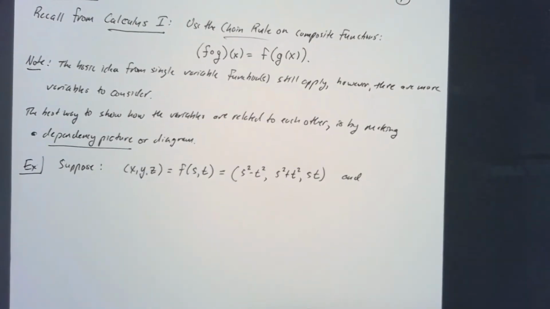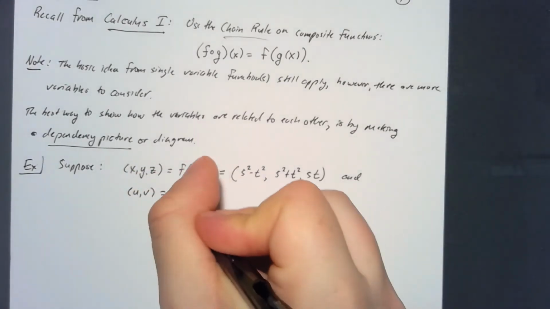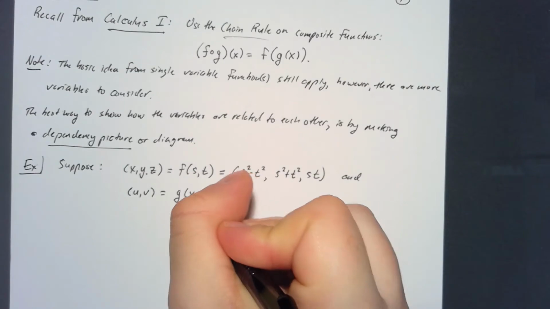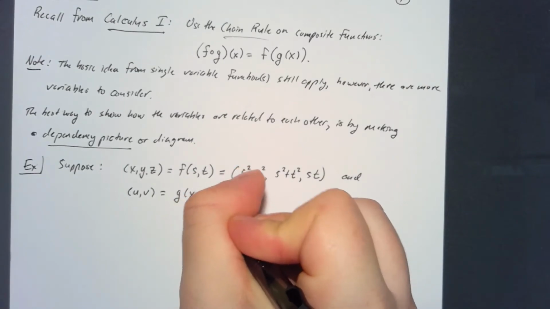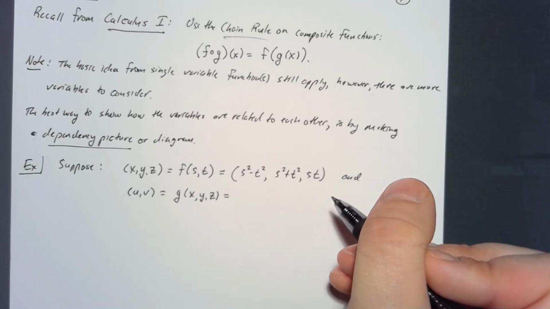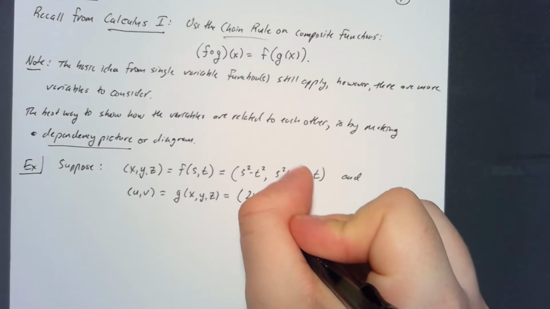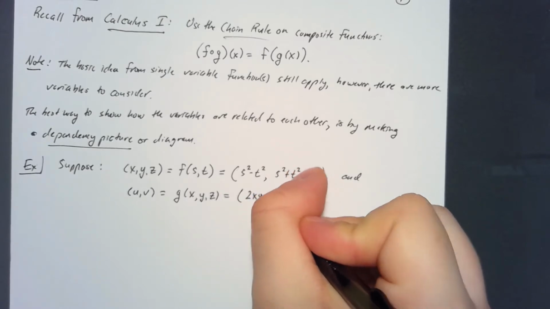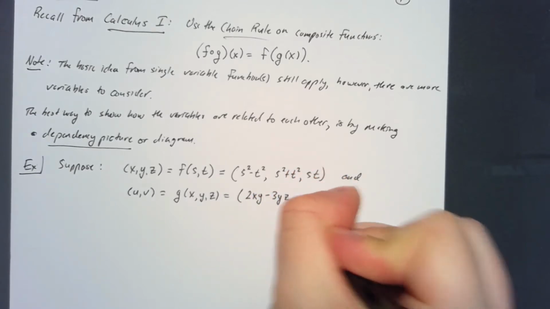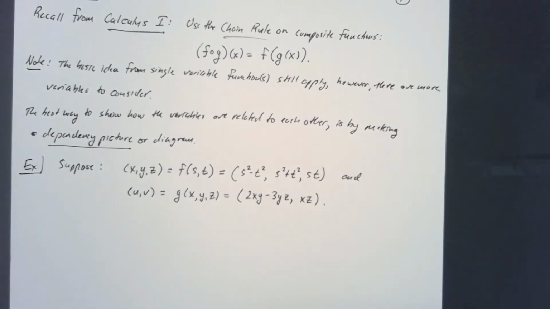And I have the function u and v, which is a function in x, y, and z. And that component-wise is 2xy minus 3yz, comma x times z. So those are my functions.